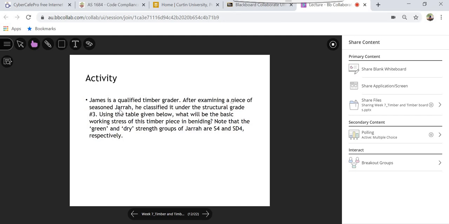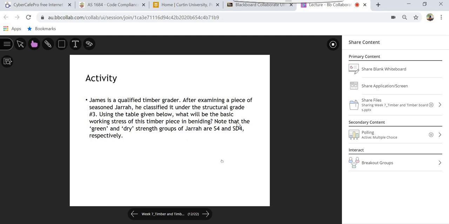After examining a piece of seasoned Jarrah, so now we know that Jarrah is the species, but that piece could still belong from 1 to 5, he classified it under structural grade 3. Using the table, what is the basic working stress of the timber piece in bending?